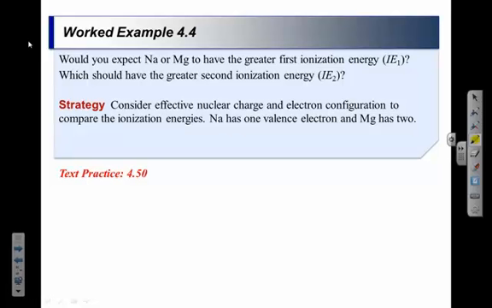Is it easier to knock an electron out of an atom that has 10 electrons, or easier to knock an electron out of an atom that has 11? Well, it's way easier to knock one out of the atom that has 11, because that will give it the same number as the noble gas. So in that case, the magnesium will have a much lower second ionization energy than the sodium.